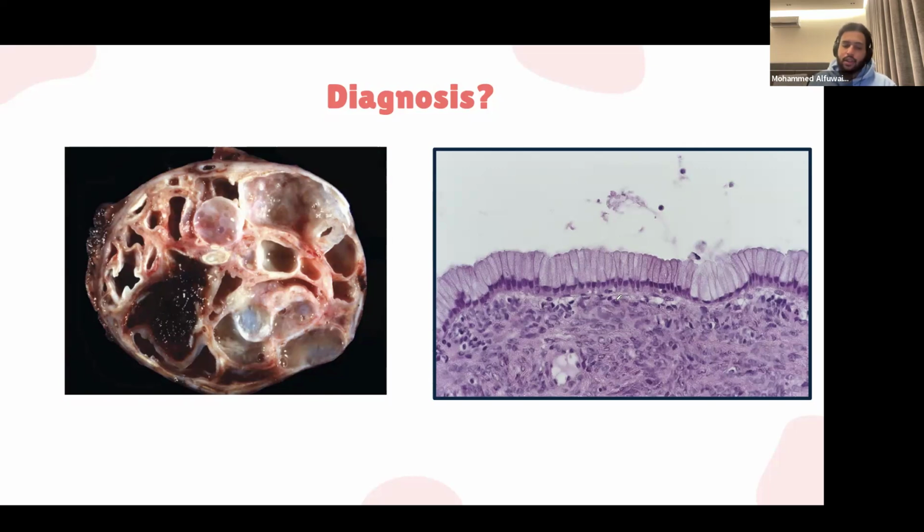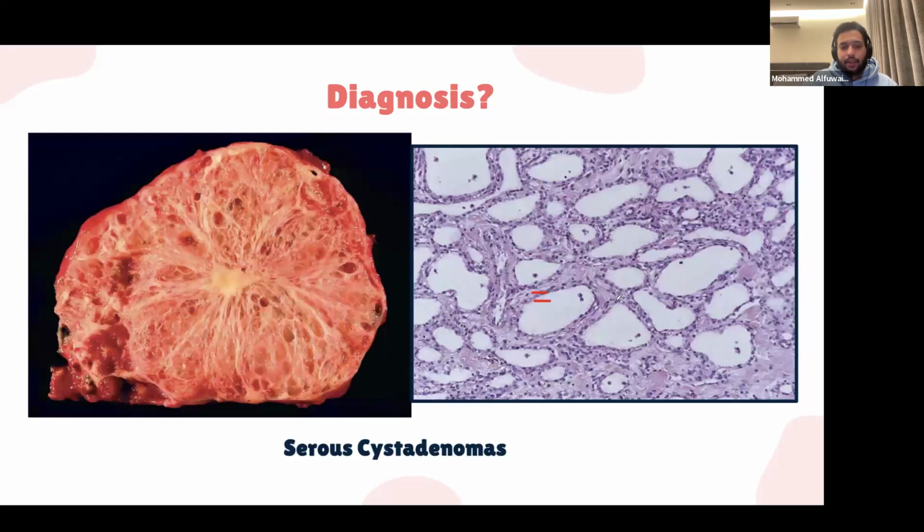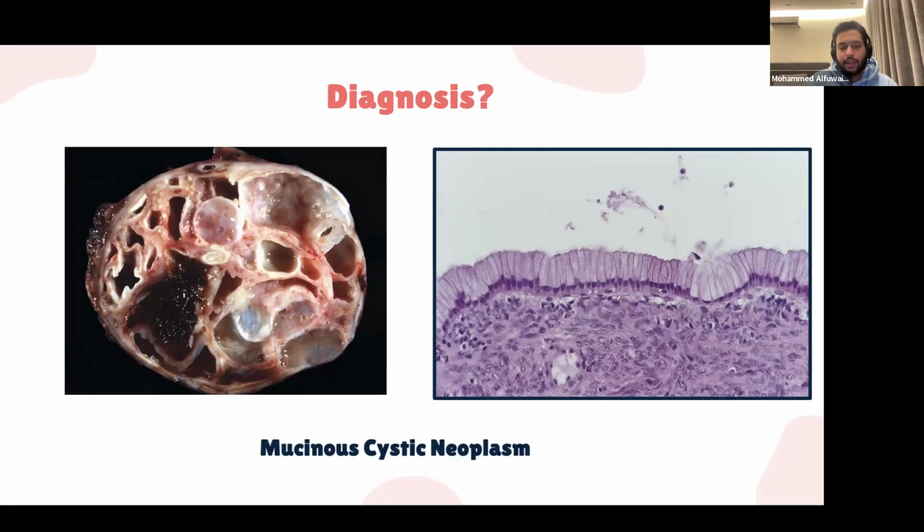TP53, excellent, good. Where in the pancreas? Body and tail, good. These two, you will see again in endo repro. The same exact pathology. In fact, I believe this is an ovary. Okay? So yeah, you'll see this in the ovary again.